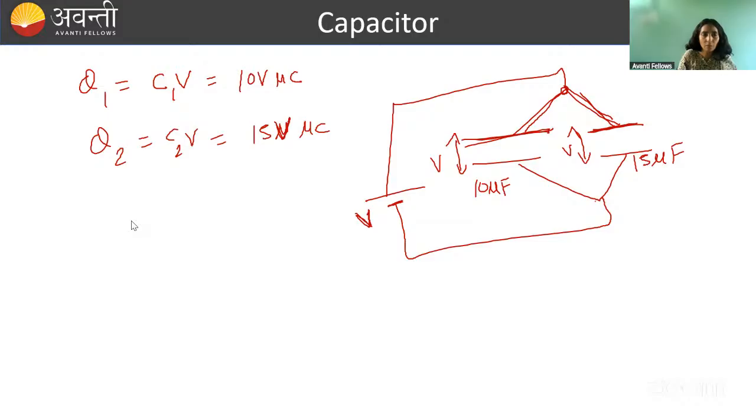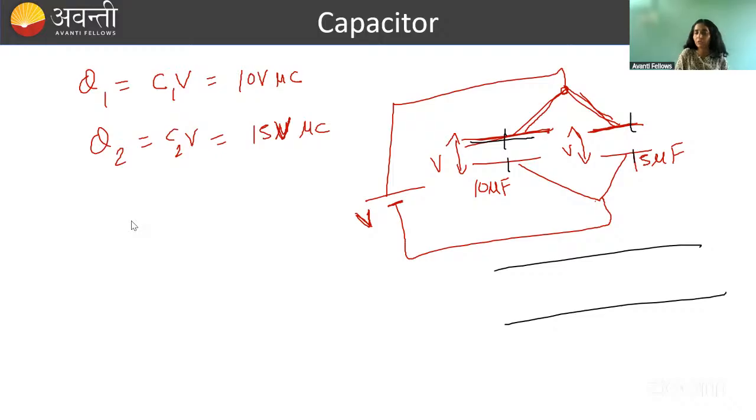Now, total force if we have to calculate between plates, means force between this and this plus force between this and this, because these two capacitors are the part of the same plate, right? So we were asked to calculate force between plate 1 and plate 2. So plate 1 and 2 got divided between two capacitors. This is one, this is another.